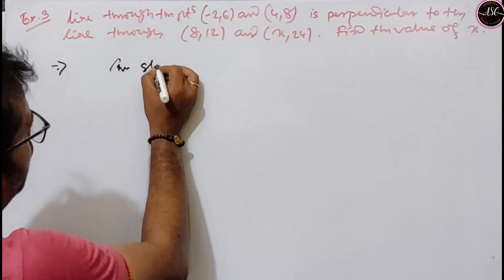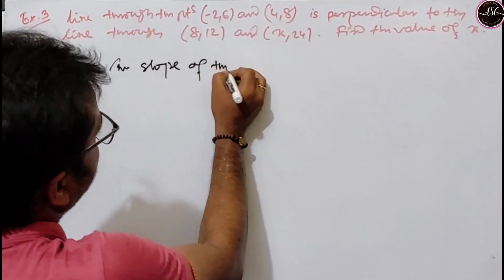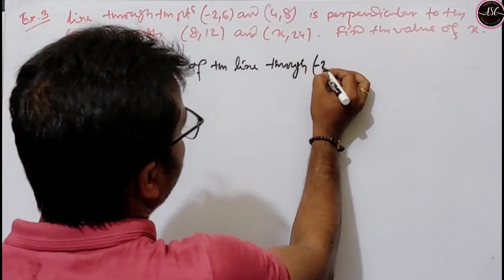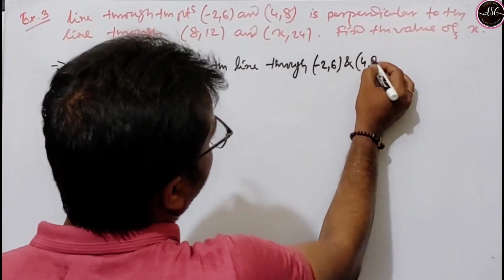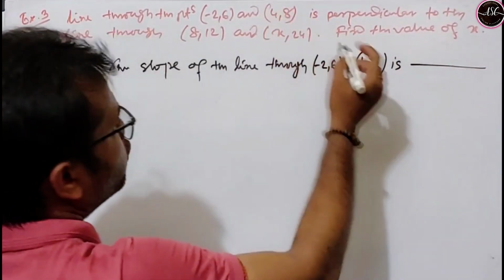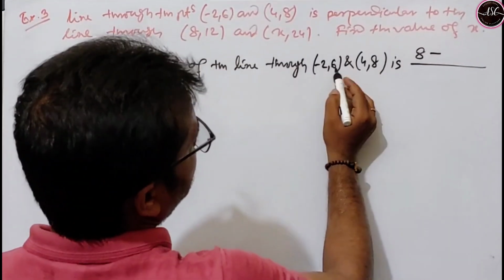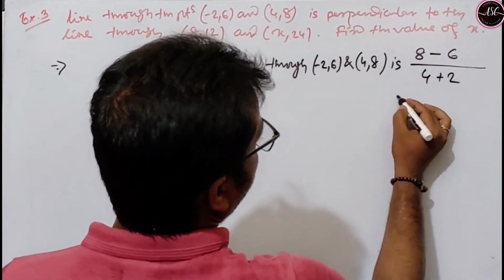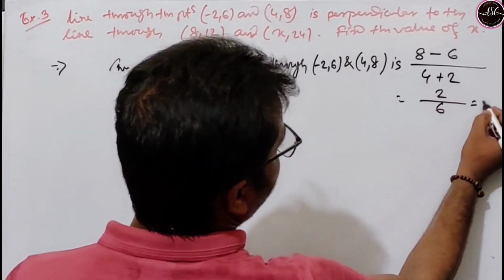The slope of the line through (minus 2, 6) and (4, 8) is (y2 minus y1) that means 2, divided by (x2 minus x1) that means 6, equal to 2 divided by 6, that means 1 by 3.